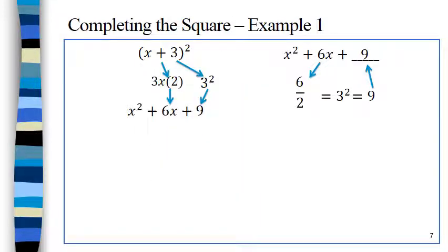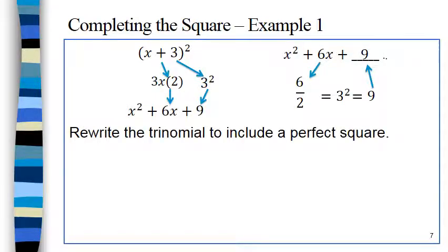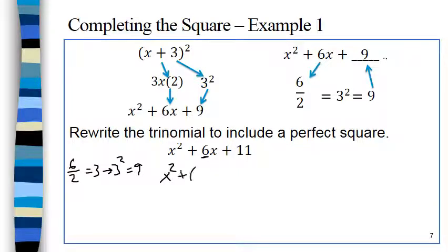So back to the algebra that we were talking about. How can we take some of these equations and rewrite them to include a perfect square trinomial? Well, first, let's figure out what perfect square trinomial we need. So if we divide 6 by 2, we get 3. And 3 squared is 9. So we know the perfect square trinomial that we really want is x squared plus 6x plus 9.